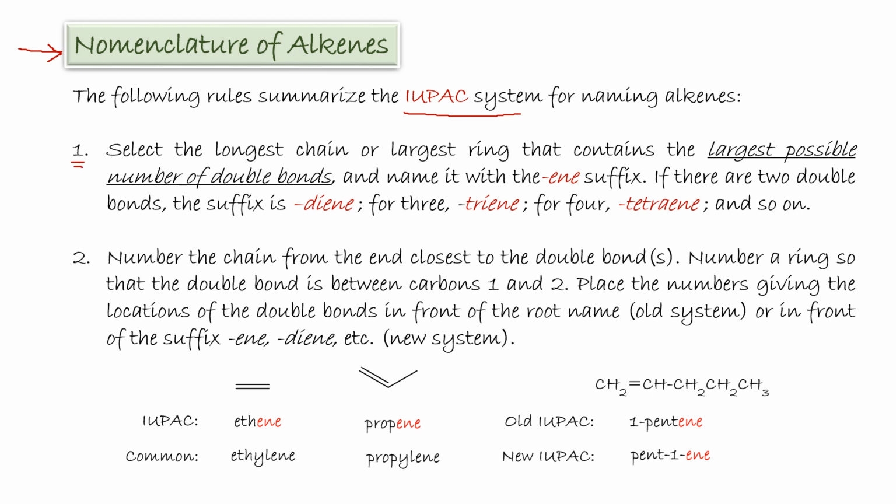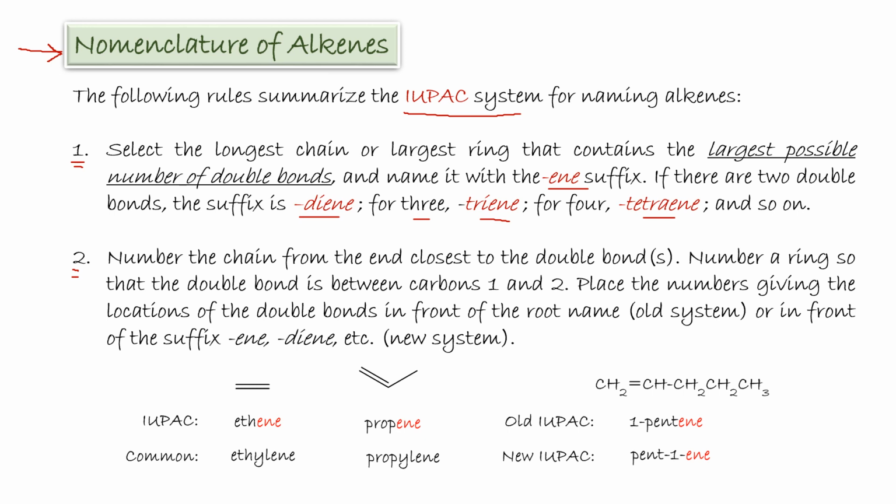Select the longest chain or largest ring that contains the largest possible number of double bonds, and name it with the "ene" suffix. If there are 2 double bonds, the suffix will be diene, 3 will be triene, 4 will be tetraene, and so on.